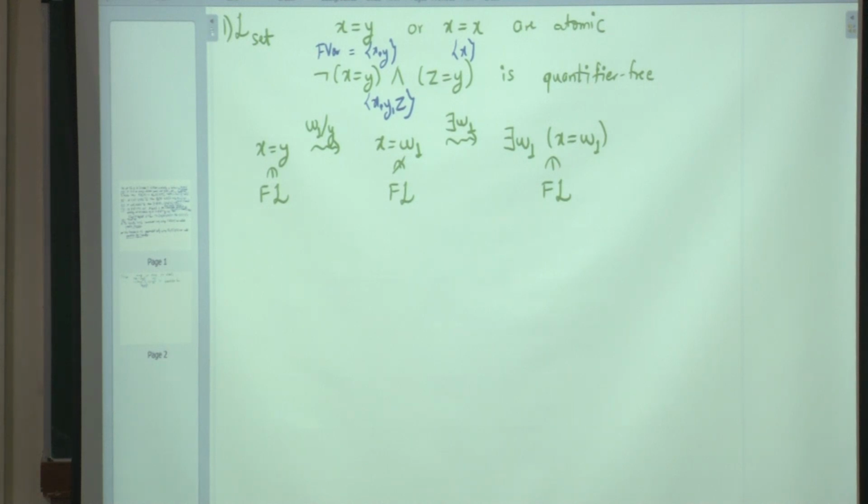Now tell me what is the set of free variables in x equal to y? What is the set of free variables in this expression now? X. Yeah, we removed y. Okay, now again I am going to replace x by w1. Then what will I obtain?